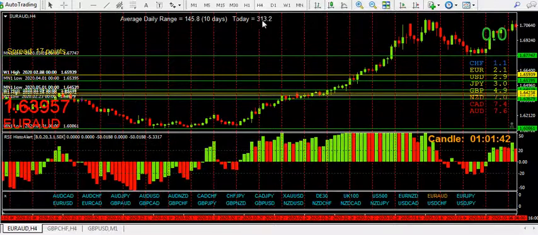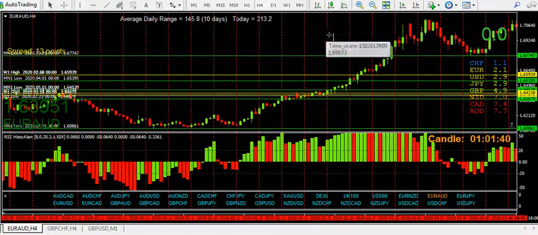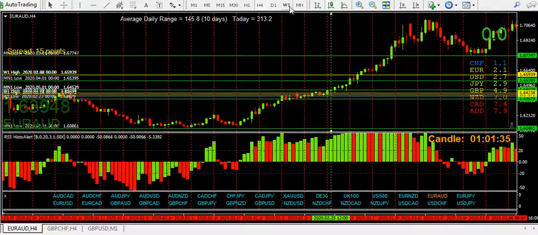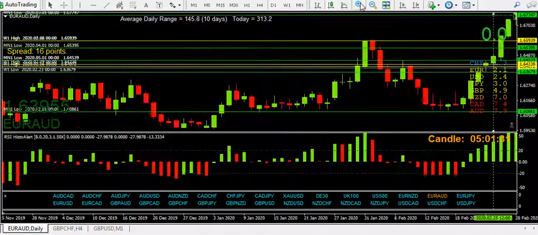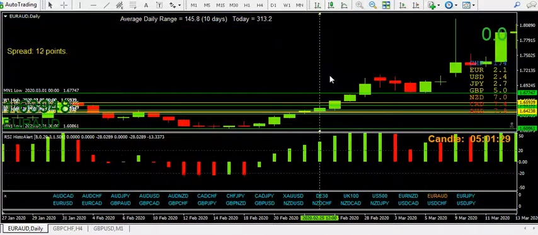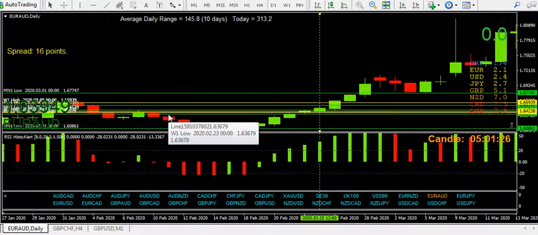So this is the important part of the chart. Daily resistance, there's the price there as it is currently.